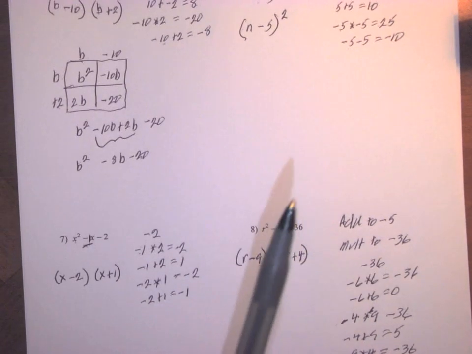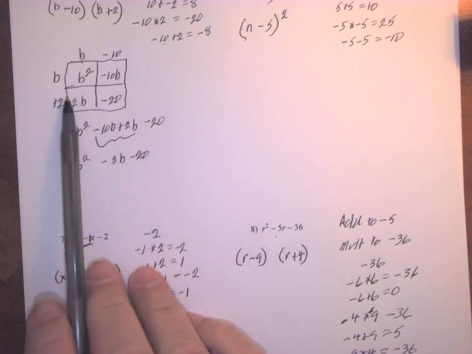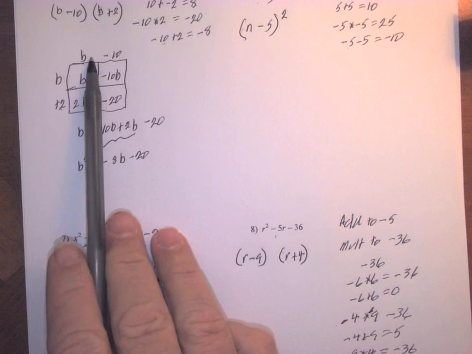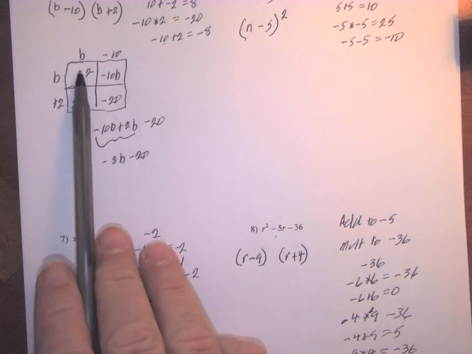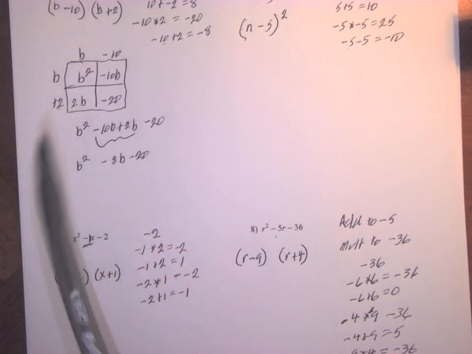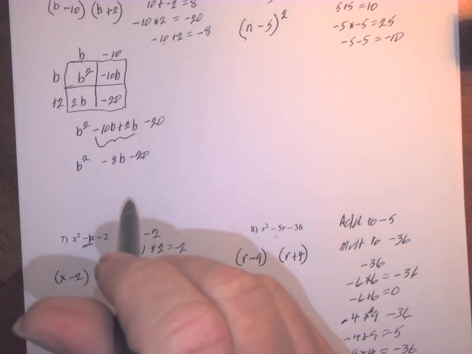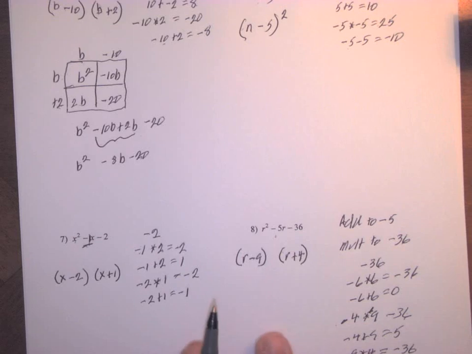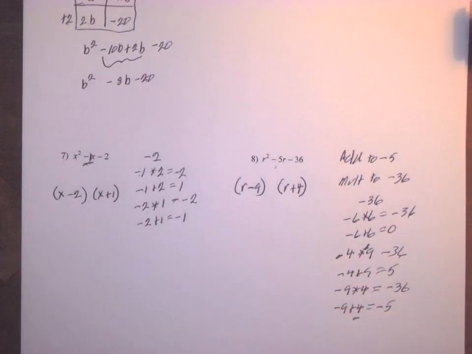Because that goes back to our box up here where plus 2 times b and minus 10 times b add up to minus 8b. Okay? That's kind of the highlights, so I will leave you with that. This is the one I'm going to grade.